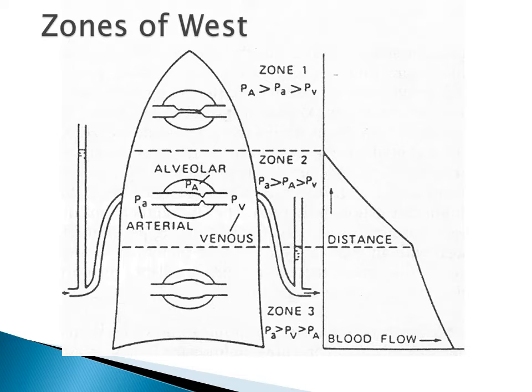All right, so zone 1. Zone 1's generally wherever the apex is. Alveolar pressure is greater than arterial, which is greater than venous.